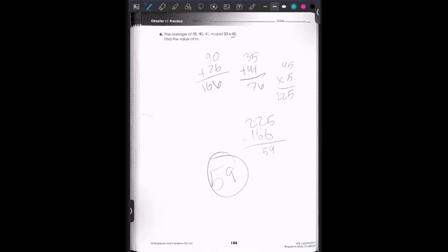Since the average is 45 and we have 5 numbers, the total is going to be 45 times 5, which is going to be 220. And so 35 plus 40 plus 41 plus m plus 50 is equal to 220.